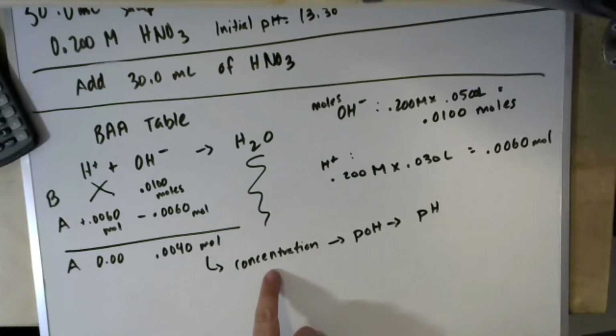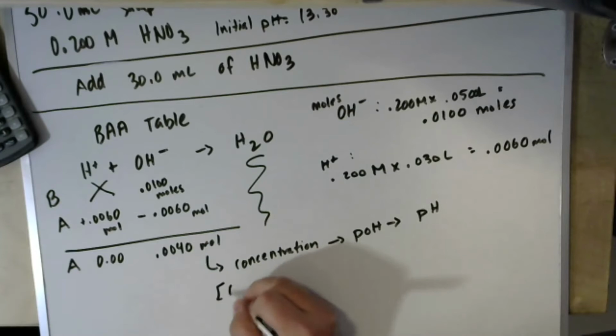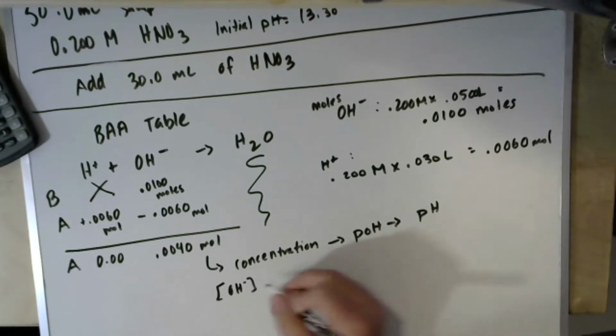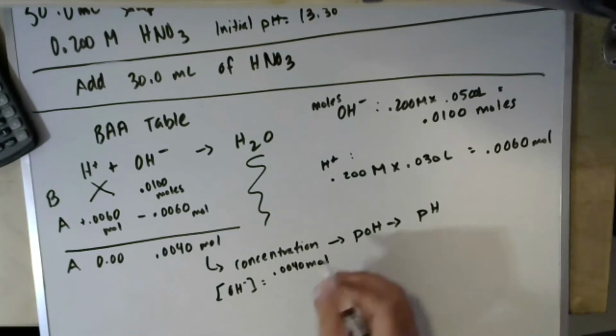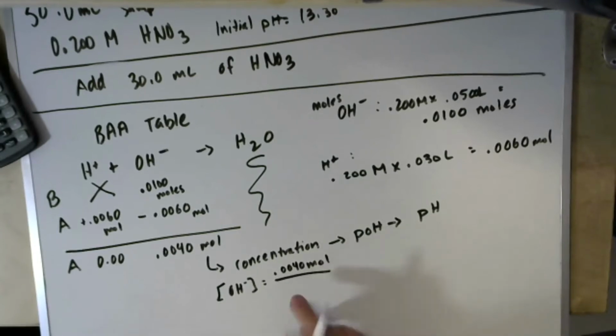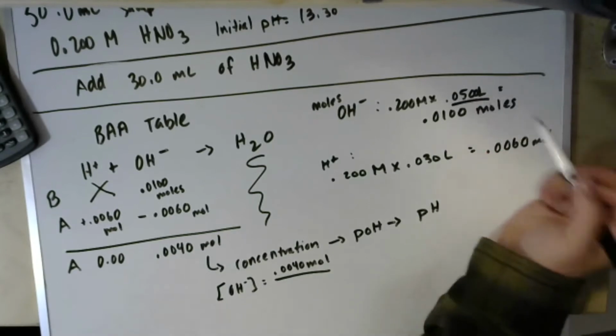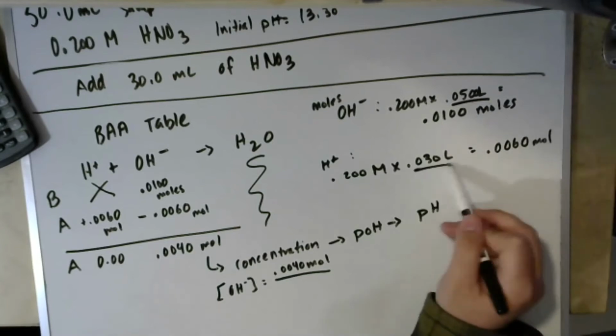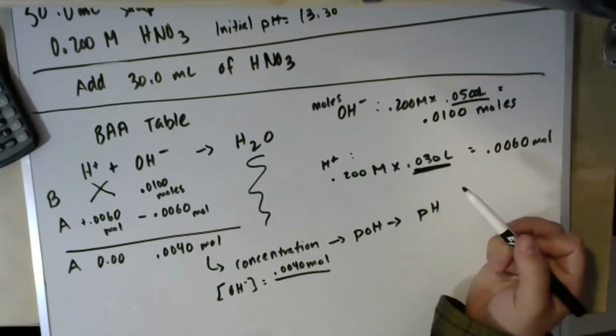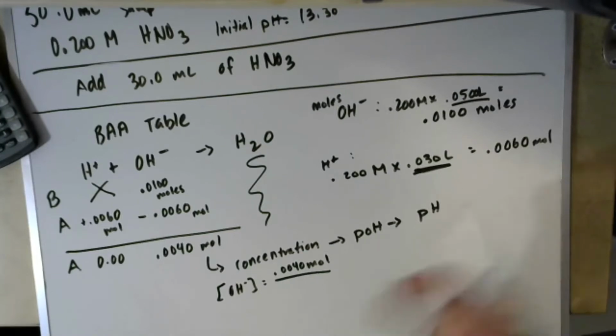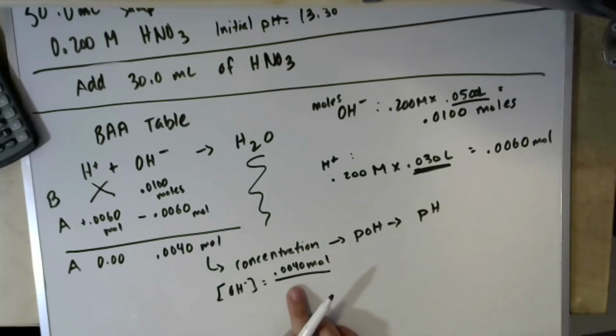So we'll start with the concentration of OH minus. That's going to be our mole value, and we have to divide it by the total volume of our solution. Now remember, we started with 0.0500 liters, and then we added another 30 milliliters to it. So we have to take both of those volumes into account to make up our total volume.